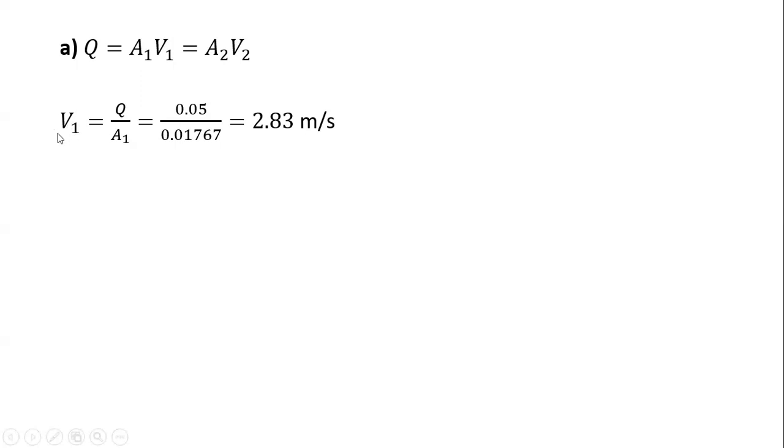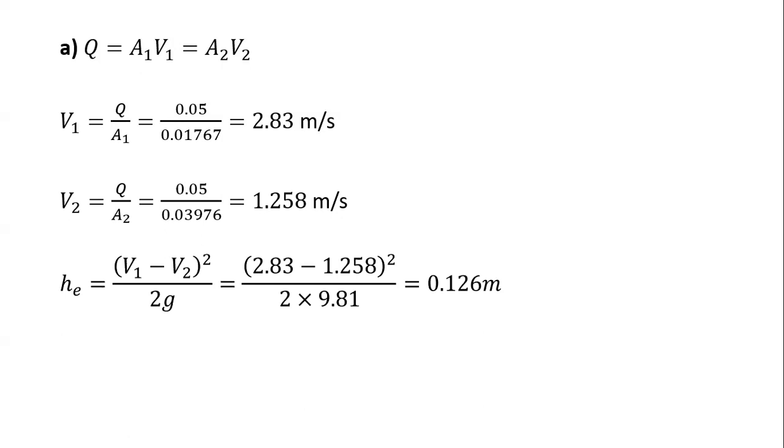The discharge having been A1 V1 equals A2 V2 means we can find velocity 1. We make velocity 1 the subject, it's discharge over area. So the discharge divided by our area, you get 2.83 meters per second. Velocity 2 is discharge over area 2, which gives us 1.258 meters per second. Again, with this, we can now find the head loss due to sudden enlargement.